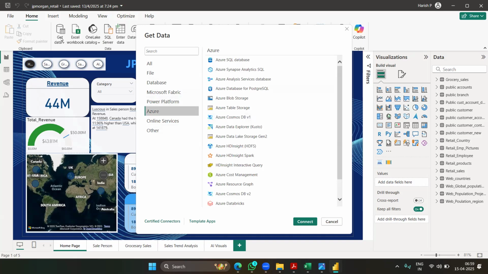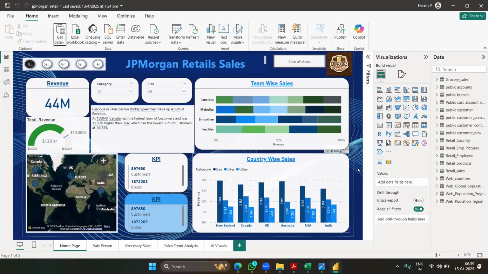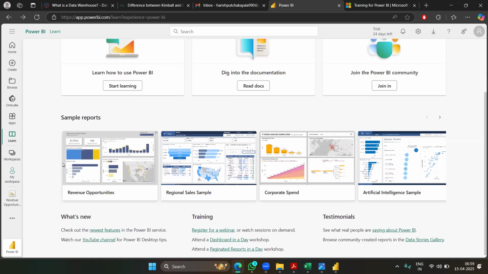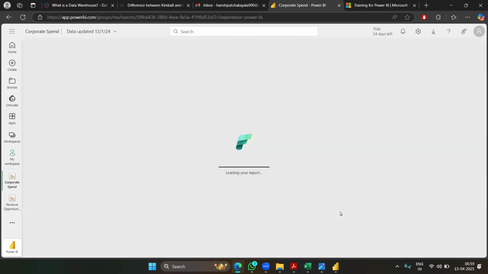Our main focus would be with Microsoft Power BI Desktop, where we are going to do hands-on with all these visualizations. These are all the visualizations we have created, right? And we are also going to see Power BI Service, right? We have a good number of sample reports that help us to learn the things: revenues, artificial intelligence, corporate spend.